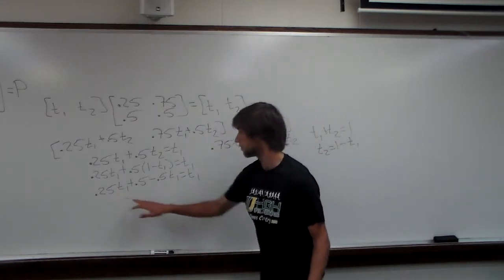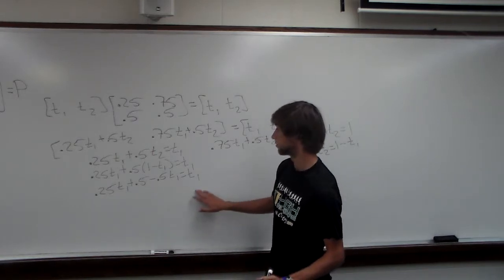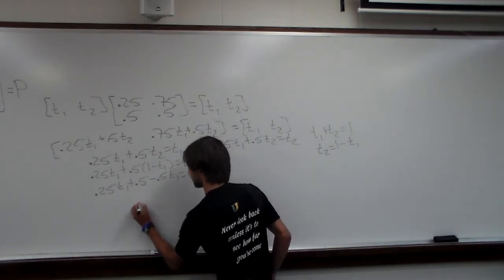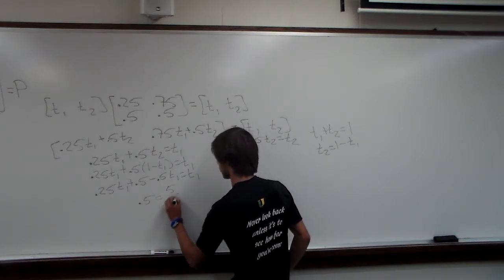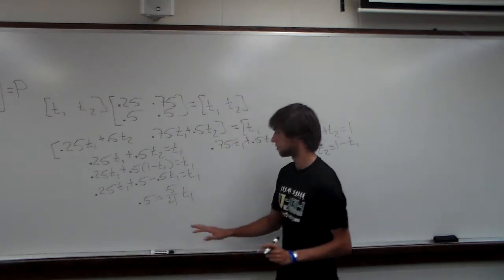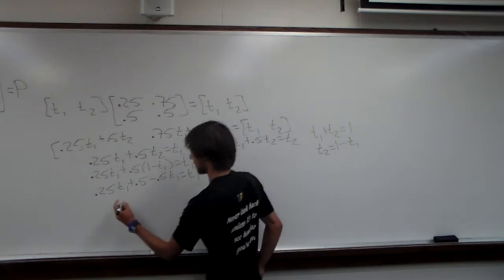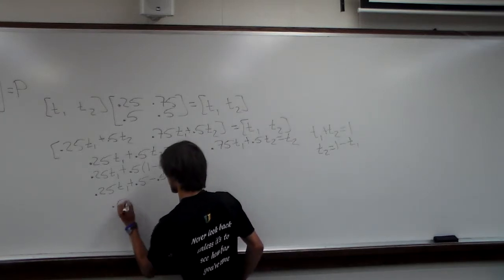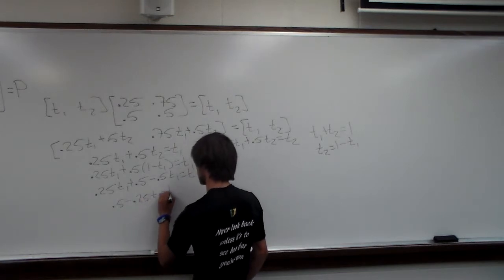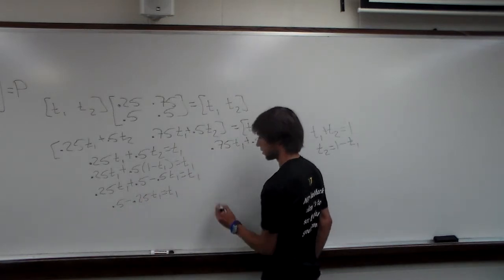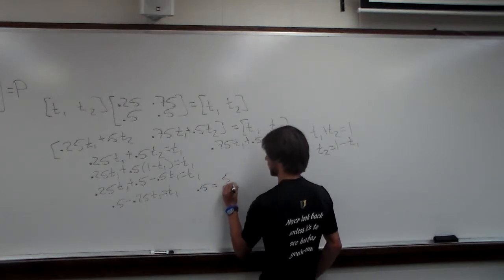Simplifying here, we see that 0.25 minus 0.5 is going to equal negative 0.25, and then adding it over will give us 0.5 equals 5 over 4 T1. It might help to show the in-between step here as well. That is just 0.5 minus 0.25 T1 equals T1, which will then go to 0.5 equal to 5 over 4 T1.